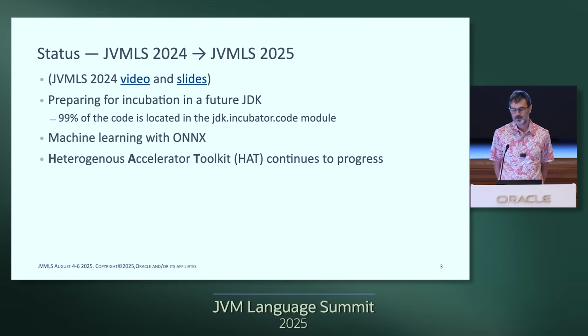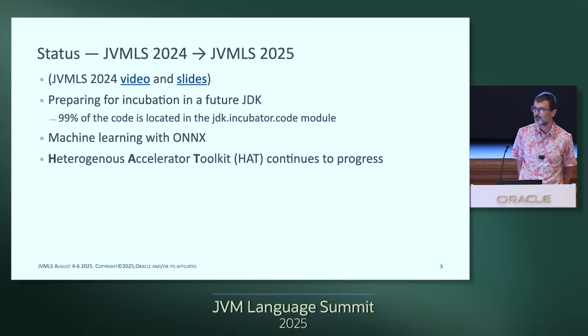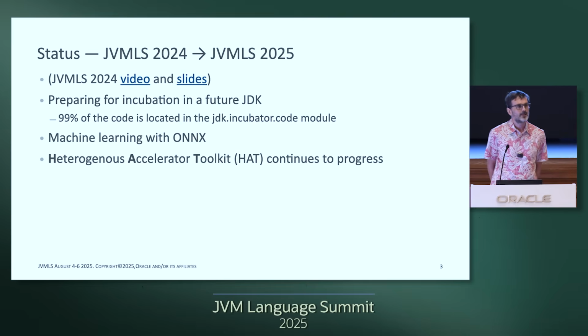So we had talks in the previous summits, and I'm not going to go over the same information there. So I'd urge you, if you're not familiar with this feature, to go back and look at the slides and the talks there. What we've done in the interim is we're really trying to get ready for incubation. I'm not saying which release we're going for yet, but we're really trying to get ready for that.